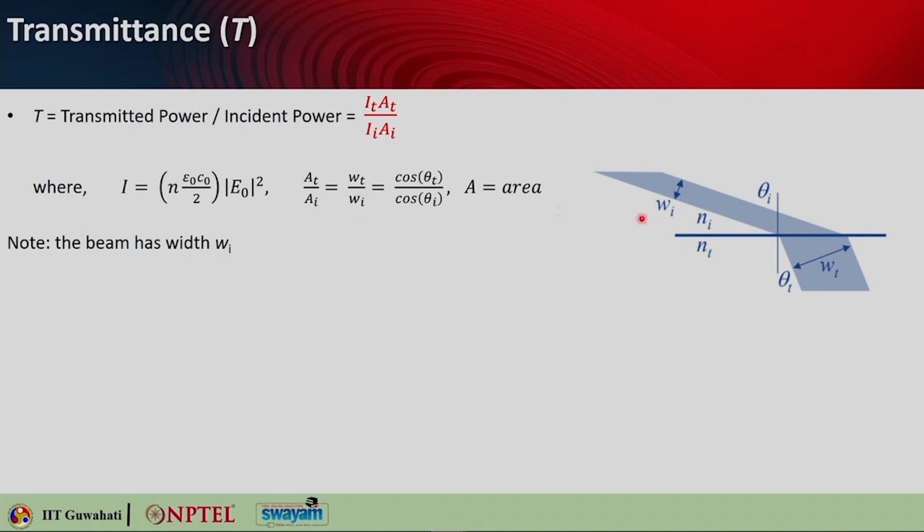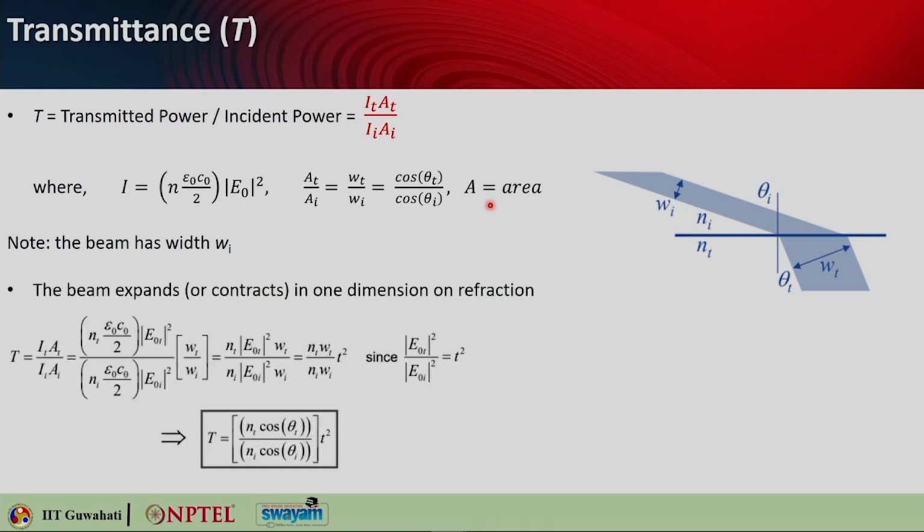The beam width can change from W_I to W_T, and that can be written in terms of cos theta t over cos theta I. That means if you try to match the width at the boundary, they have to be the same, and that is how you can get this ratio. So you can find this ratio as cos theta t over cos theta I.